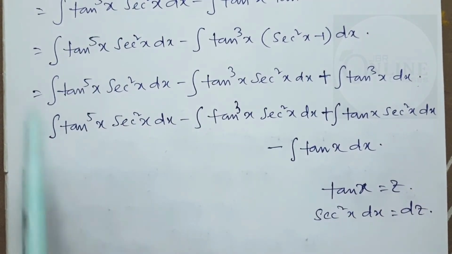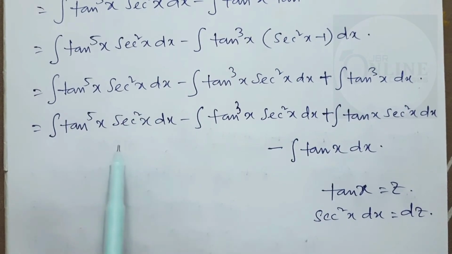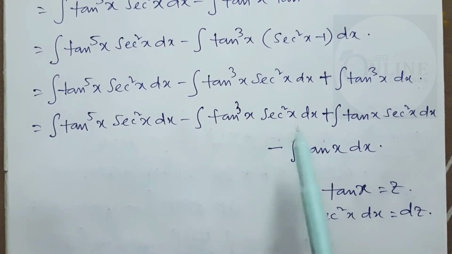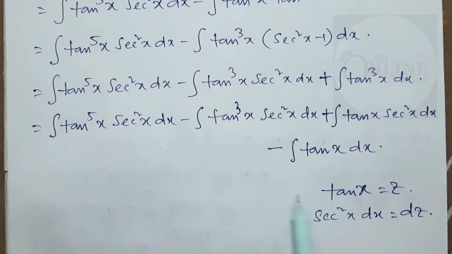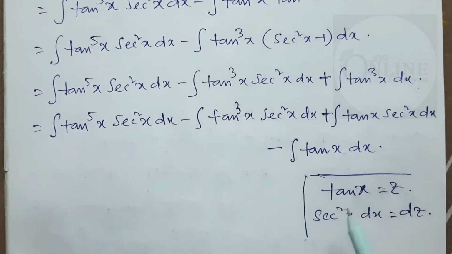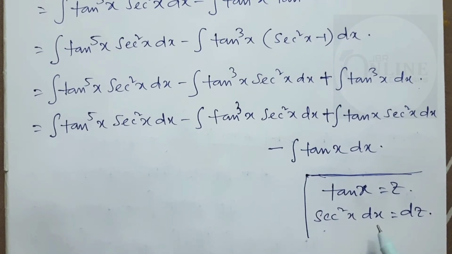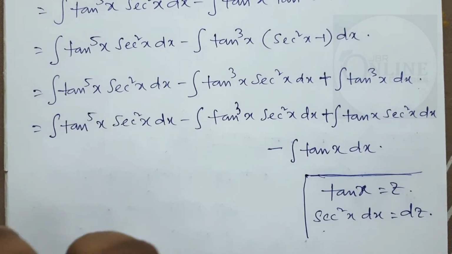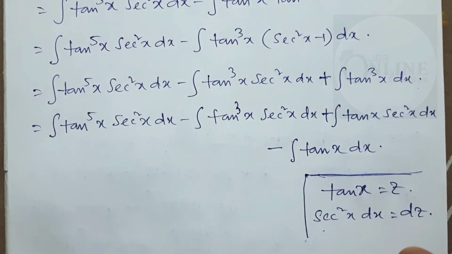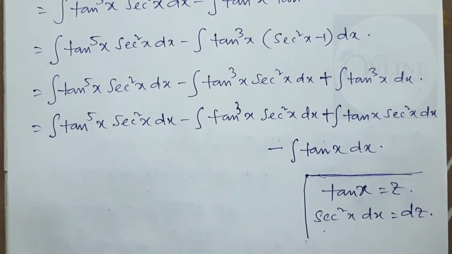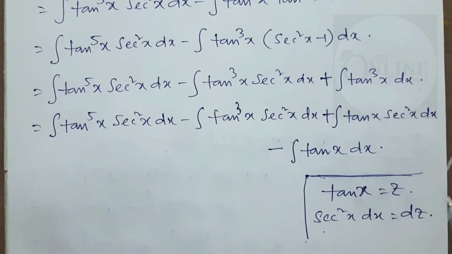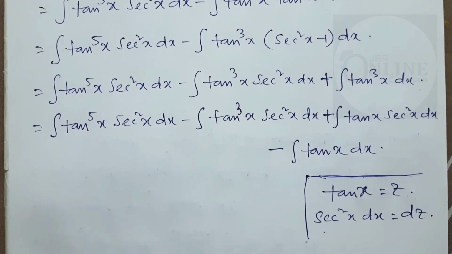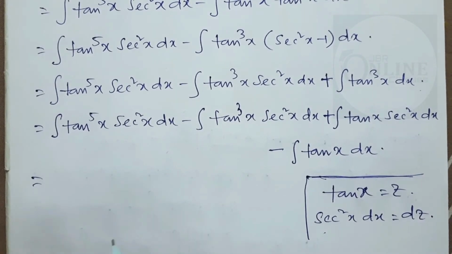So I am doing all these calculations because I want to bring a sec square term into each of these tan terms, tan to the power 5 and tan cube, because the differentiation of tan is sec square. That's why I was breaking tan to the power 7 and tan to the power 5 into tan to the power 5 into tan square, tan cube into tan square, and replacing that tan square as sec square minus 1, so that the sec square term can come.